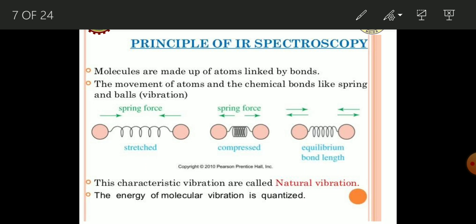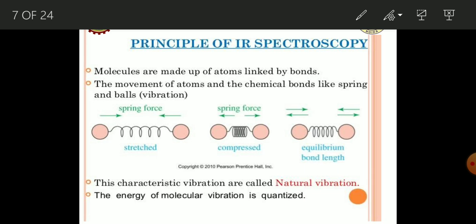Using this analogy, we can justify several frequencies of the infrared spectrum. We can observe from the figure that the two balls are joined by a spring, which is nothing but two atoms joined by a chemical bond.